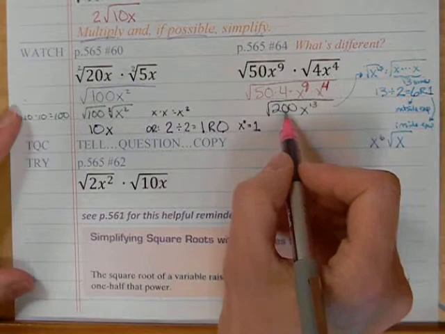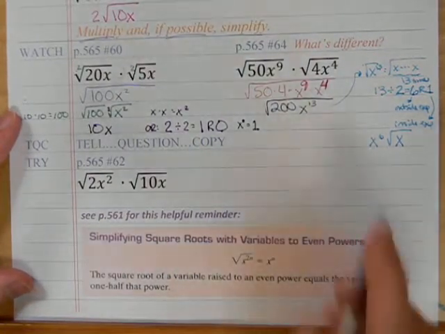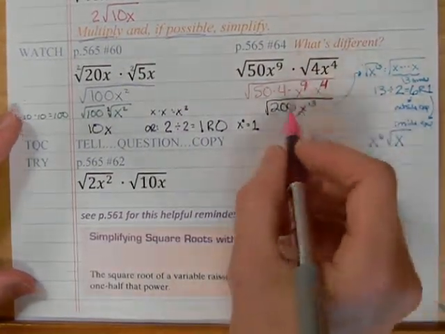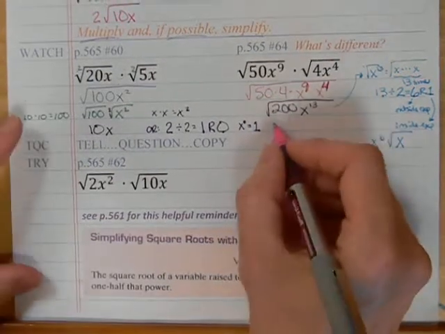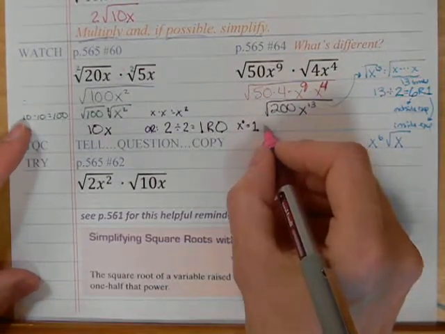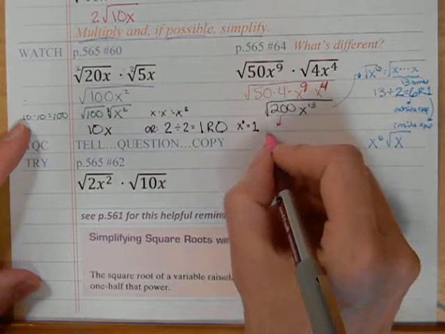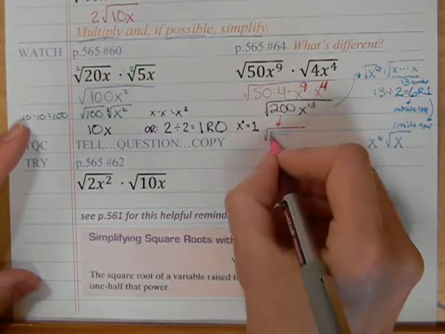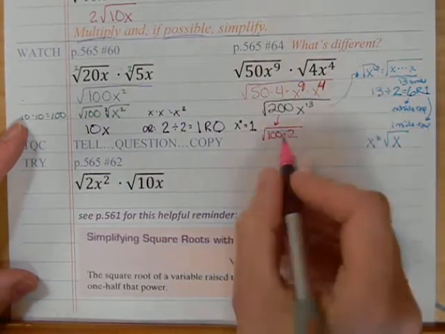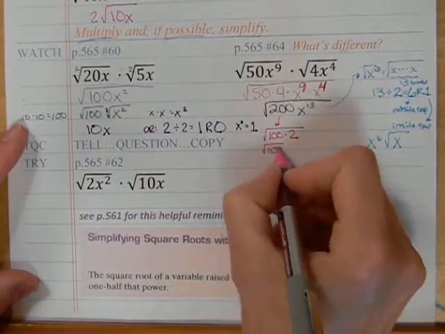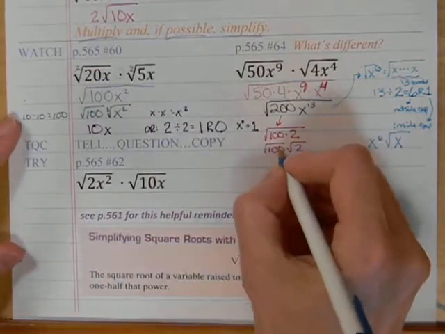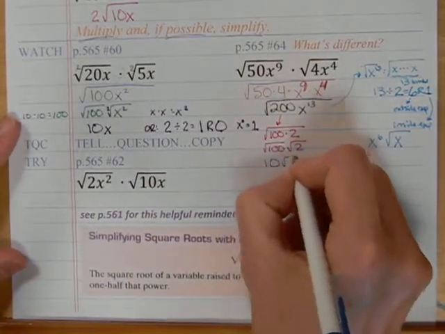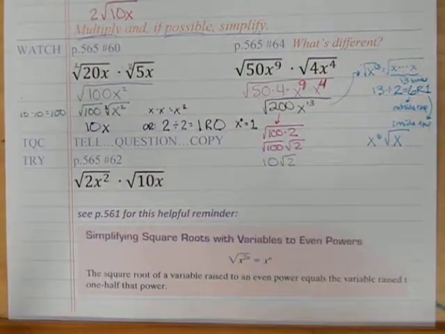Now let's look at 200. We want to know what times what will give us 200, where one of those pieces is a perfect square. And in fact, 200 breaks down to 100 times 2, and we know the square root of 100, so we can separate those two radicals out here, and we know the square root of 100 is 10, and then 2 is just left on the inside.